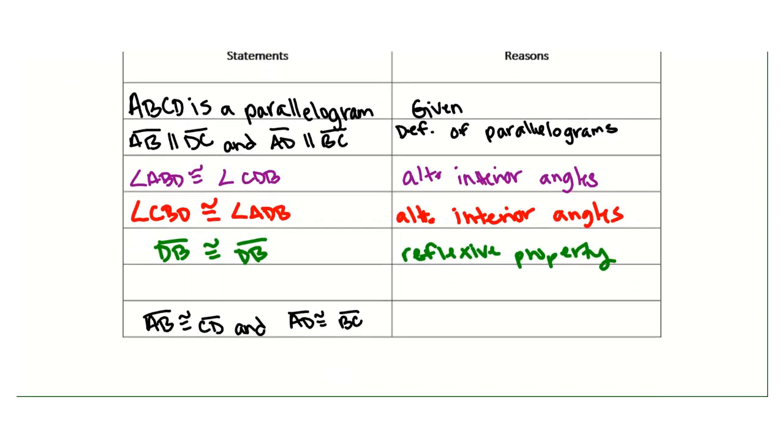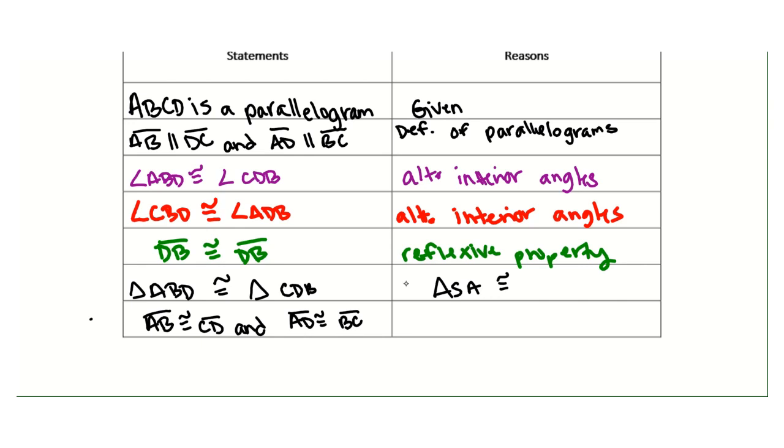So now I can say that triangle ABD is congruent to triangle CDB by side angle side congruence.